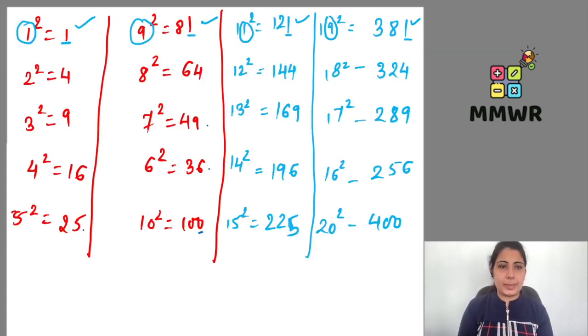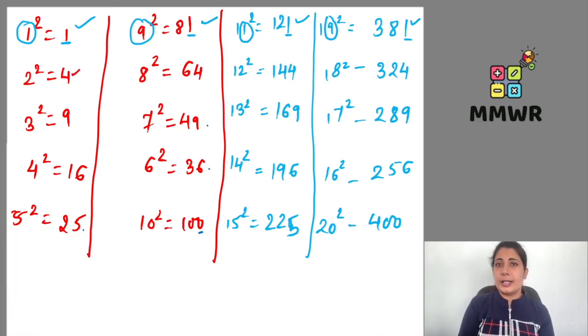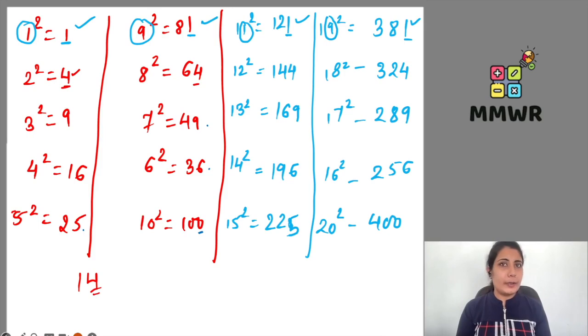Let me show you an example. Look, here we have 4. After 4, can I say 14 is also a perfect square? No. 4 we have at the unit place of a perfect square, here also we have 4, but 14 is not a perfect square. Why is it not a perfect square?